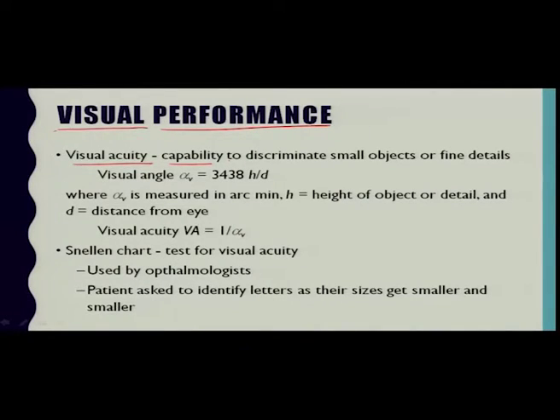So we need to understand the basic aspects of visual activities as well as visual performance, and the possible remedies through which you can enhance your visual performance, because these performance measures affect an individual's capacity to function efficiently.